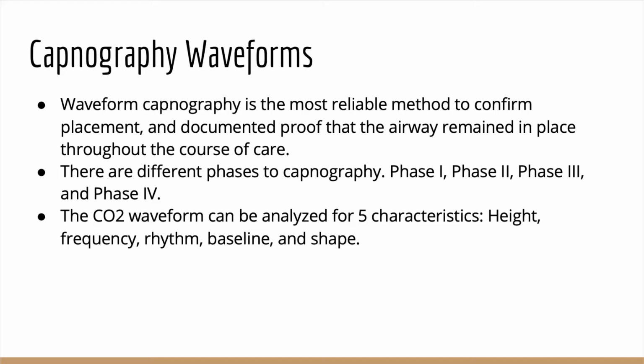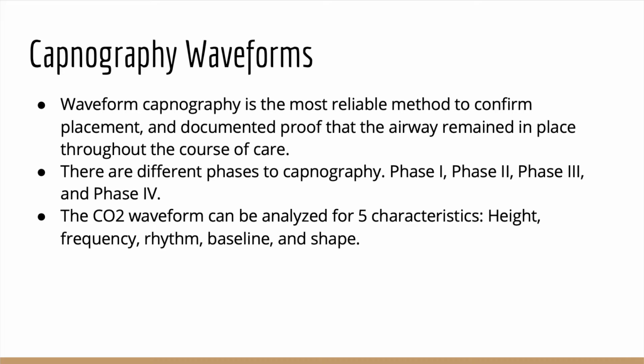And then for capnography, there are different waveforms that we look at. So it's kind of the same as looking at waveforms on a ventilator for your flow, for your volume, for your pressures, except this is what we look at to determine what is going on with the patient.